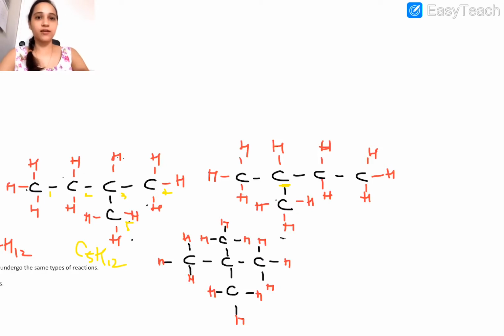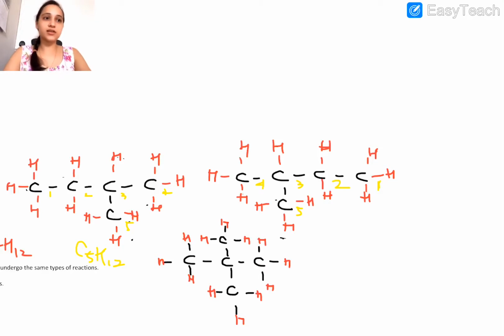So in this case, I could have this to be carbon 1, so 1, 2, 3, 4, or I could have this to be carbon 1, so 1, 2, 3, 4, and then this would be the 5th carbon. So when I'm counting the longest chain, you can start either way. There is nowhere that's stated that this has to be carbon 1 and this has to be the 2nd carbon, so you can start any way you want.